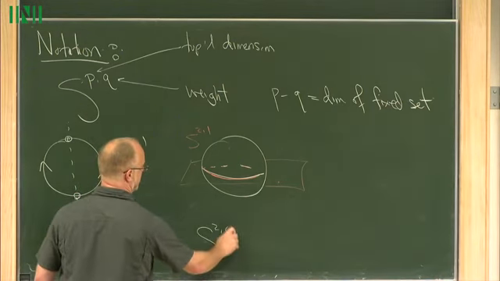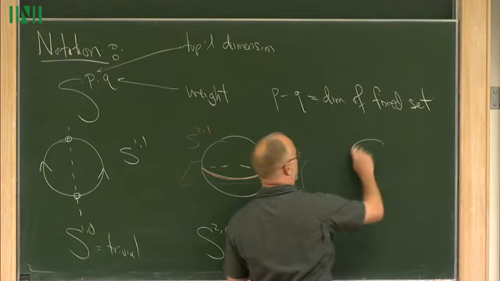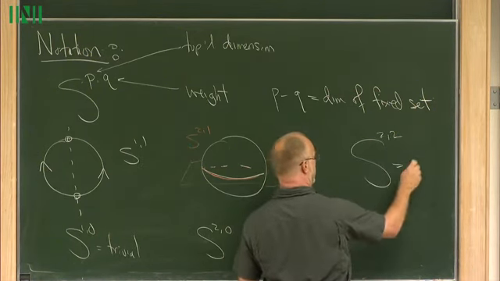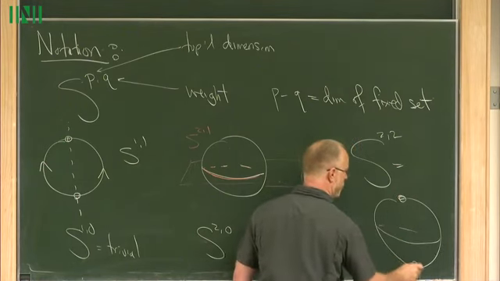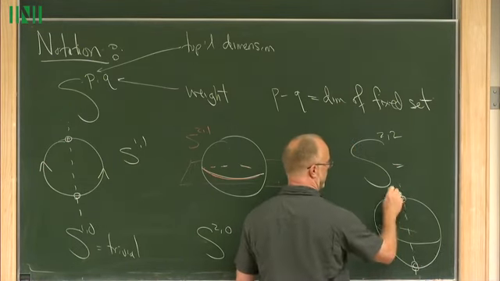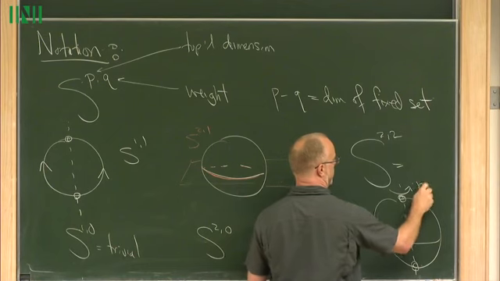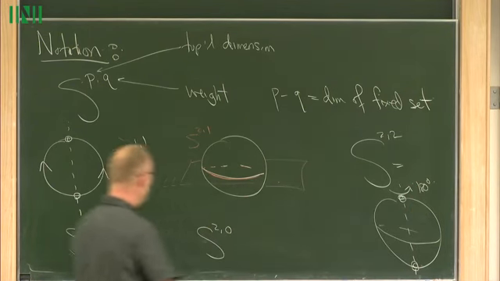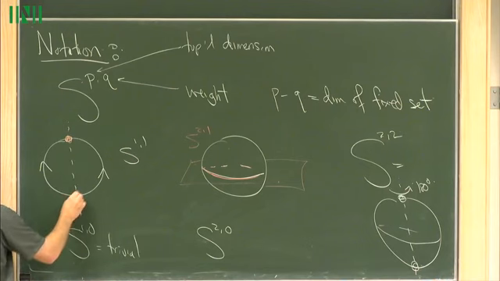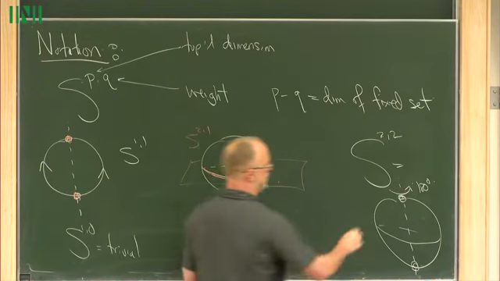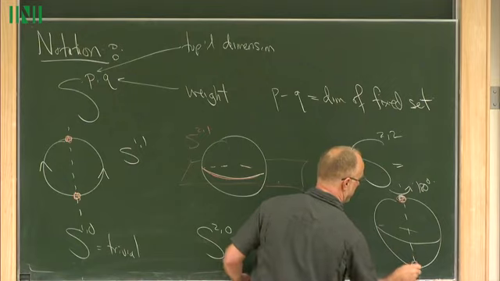Similarly for S^{2,0}. S^{2,2} is the rotating sphere. So you have a north and south pole and an axis. And I'm somehow being lazy today, but I find it useful to mark the fixed set in color. Like so.